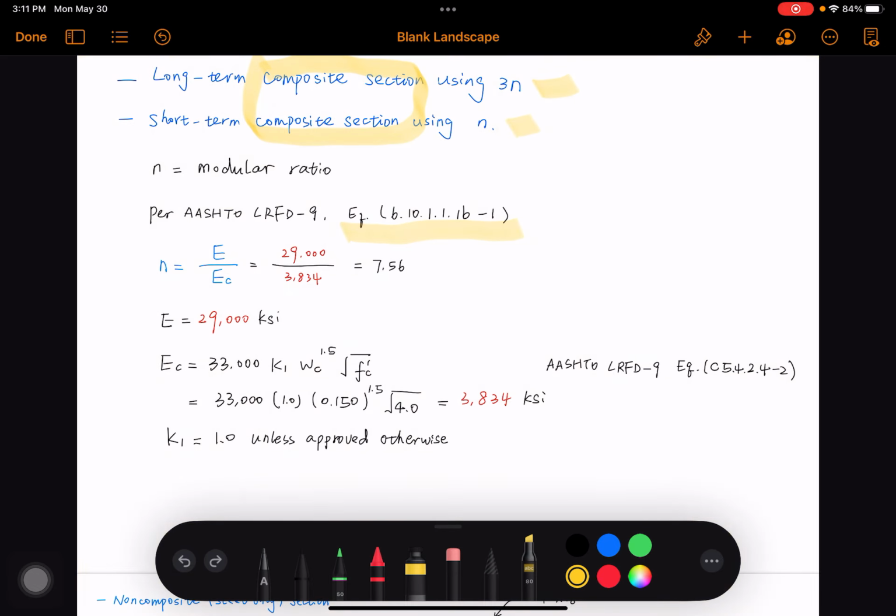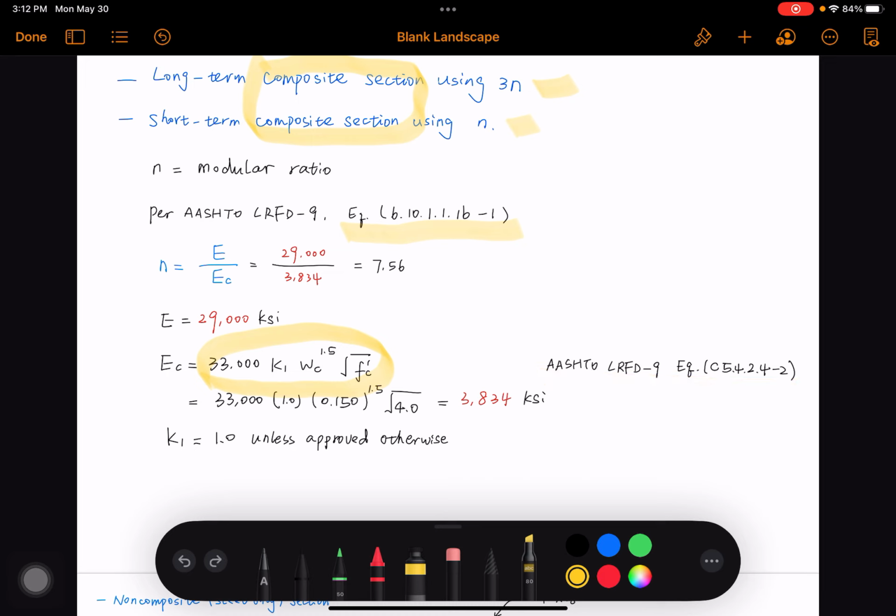And Ec is the elastic modulus of concrete, which is defined by this equation. This equation is in AASHTO LRFD 9th edition, equation C5.4.2.4-2.